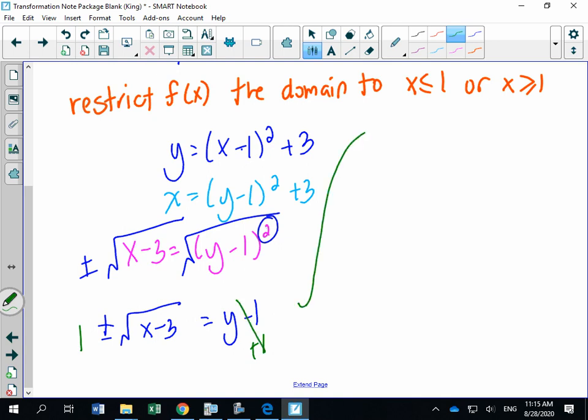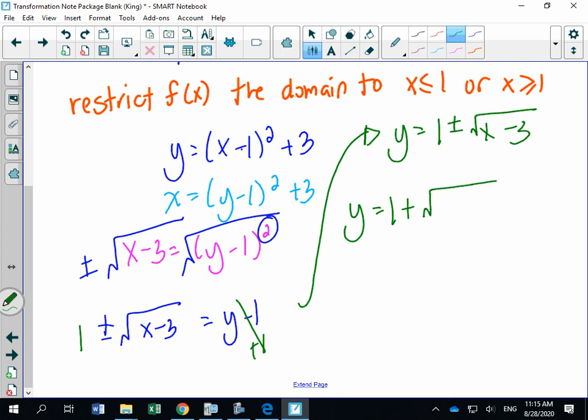And then what I have is my two equations, so I'll just write it like this first. Square root of x minus 3. Okay, so my two equations are y is equal to 1 plus the square root of x minus 3, and y is equal to 1 minus the square root of x minus 3. So I want to show you what's going to happen.